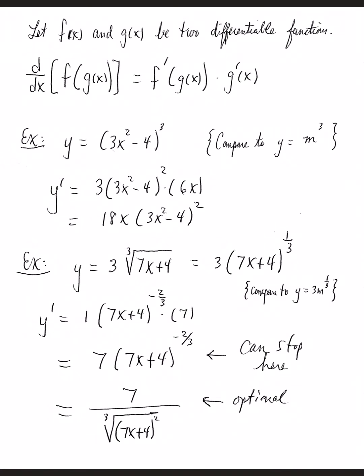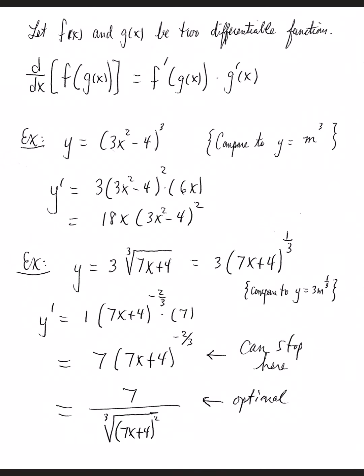So it's 3 times this squared, and that's when you take off 1 from your power. This last part where you chain on the derivative of the inside, your interior part has a derivative of 6x. First and last, since all this is a product, you can multiply and get 18x times (3x squared minus 4) quantity squared.